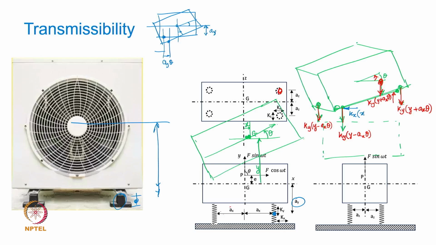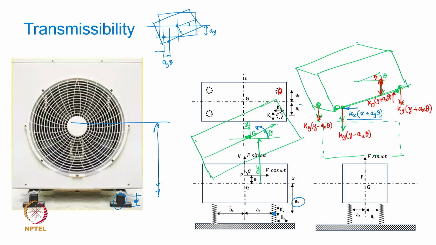Not only the horizontal positive x value, but in addition to that, ay into theta will add up, because theta is assumed counterclockwise positive here. So at the points of connection of the two springs, the displacement is going to be ay into theta, in addition to the lateral motion x. So x plus ay into theta is going to be the net horizontal stretch in that spring, and the spring is going to offer this restoring force at the point of contact.